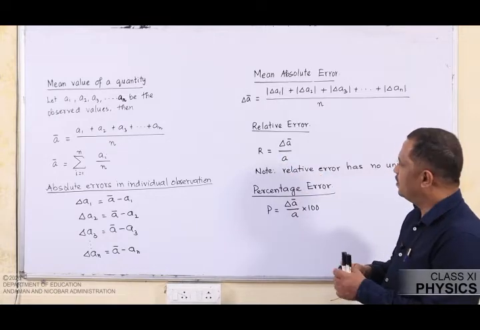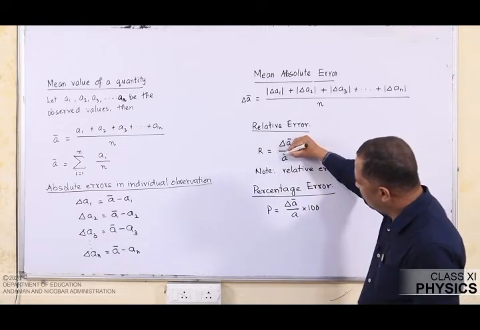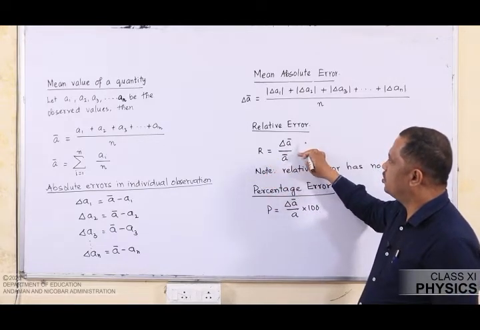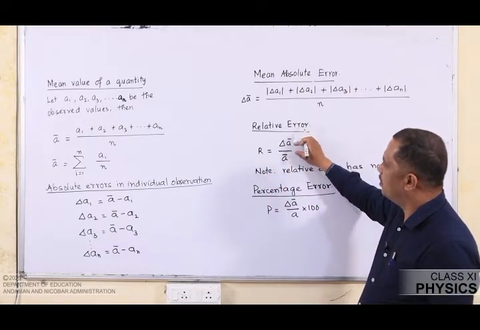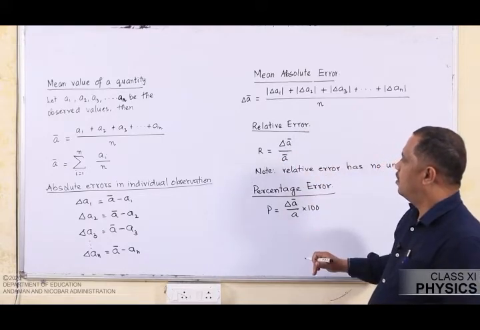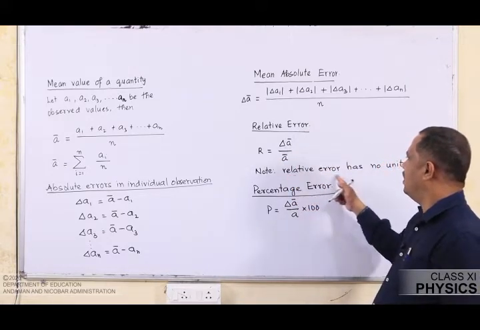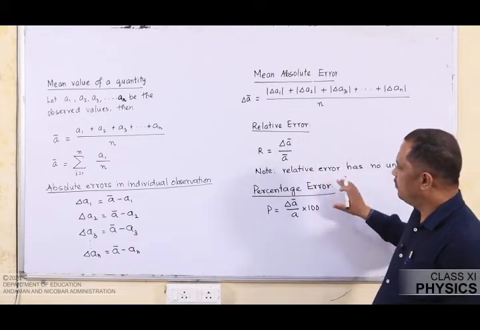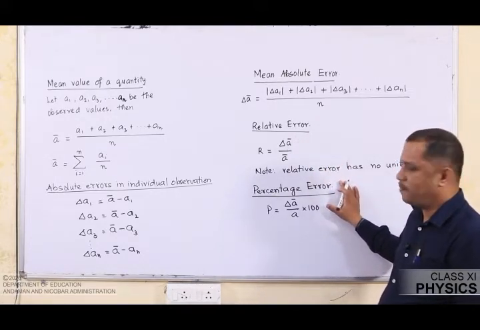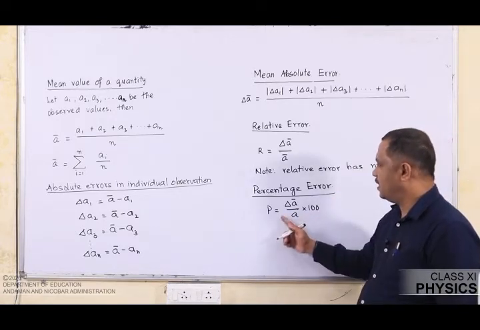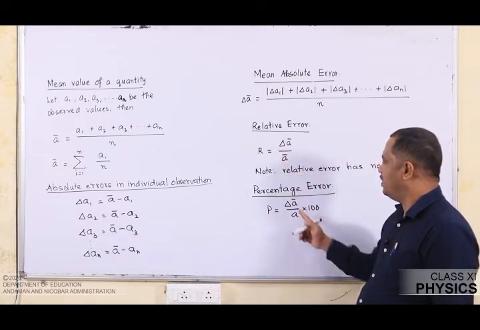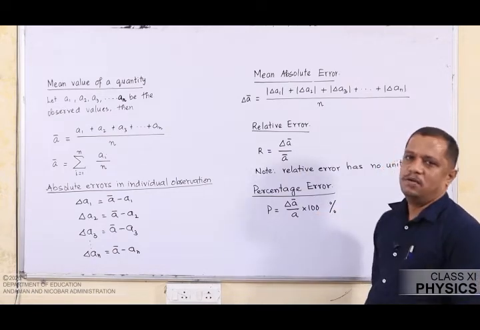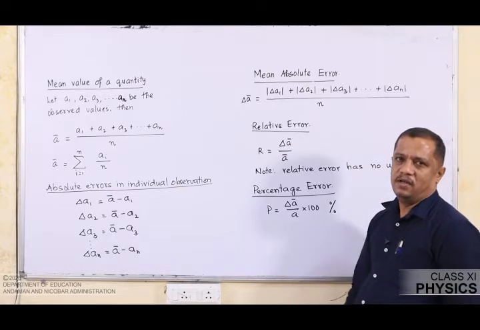So, relative error is the ratio of mean absolute error to the true value. We should take note that this relative error will not have any unit. The next concept is percentage error, which is nothing but we find the relative error and multiply it by 100 and express it in percent, and this is how we calculate percentage error.